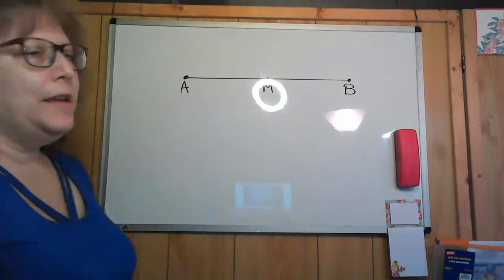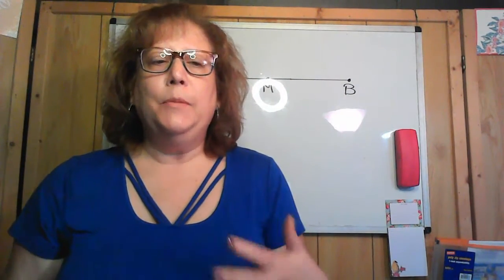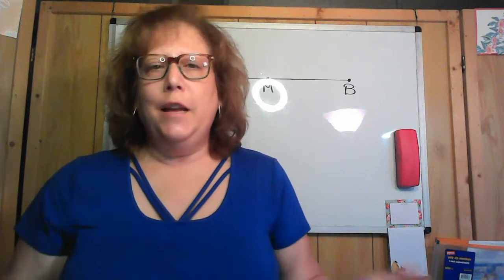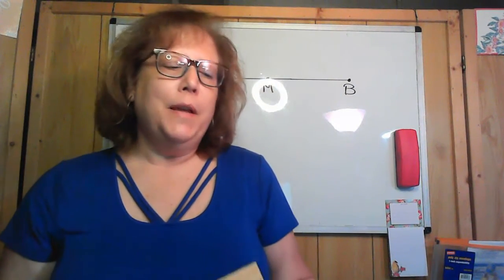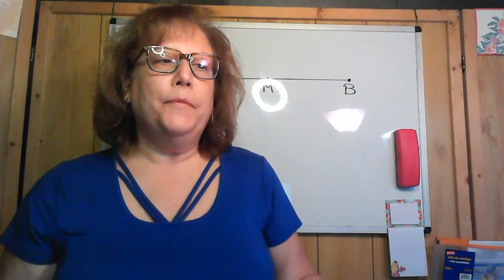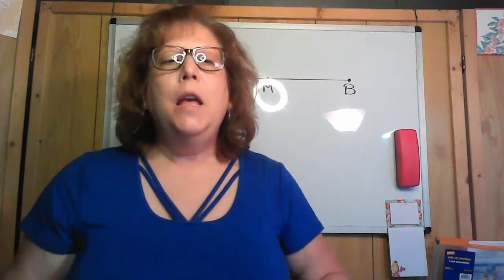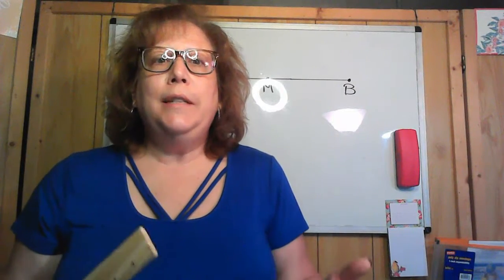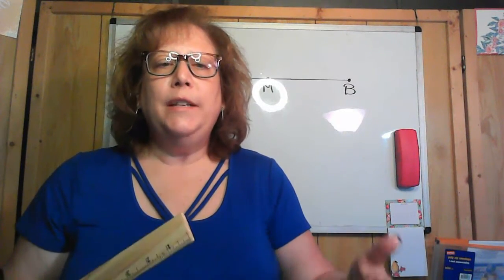Now, one of the things in geometry that you really need to start doing and observing is writing down every piece of information they give you. Sometimes they're going to give you measurements, sometimes they'll give you angles, sometimes they'll give you a theorem or a postulate. And you're a detective. In geometry, you are a detective.